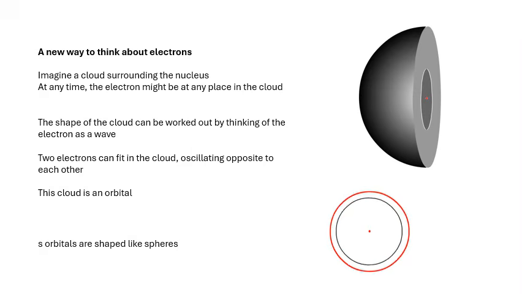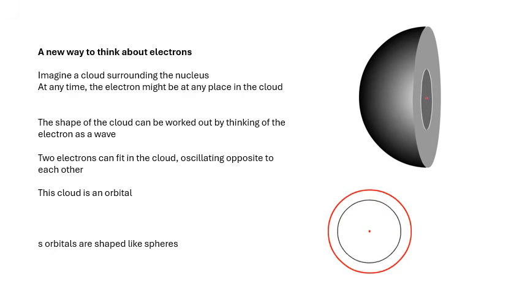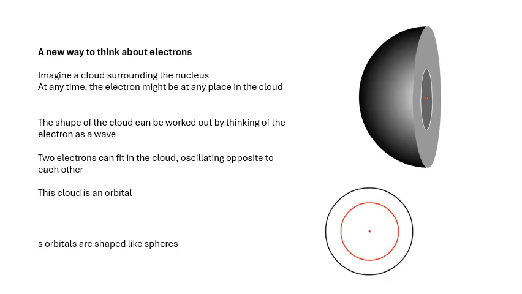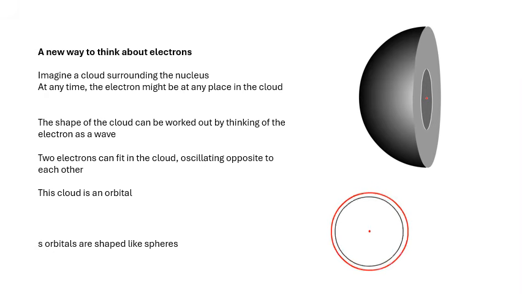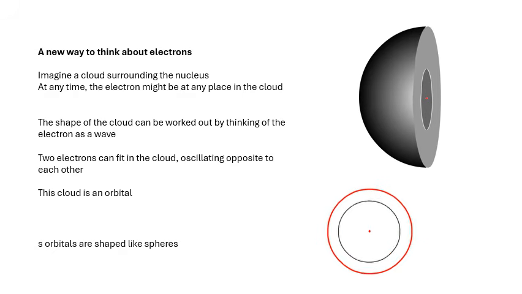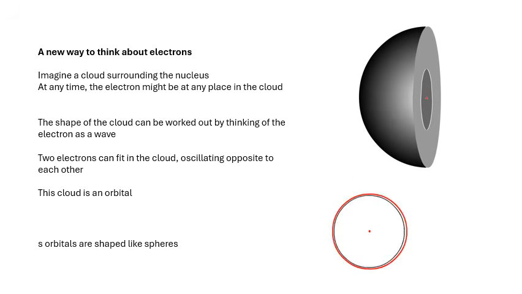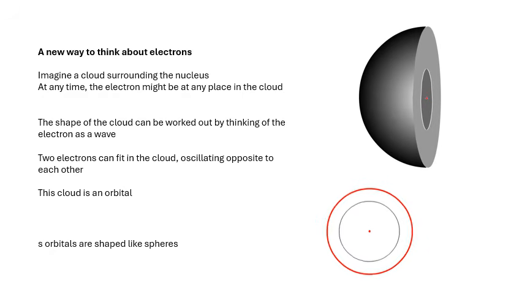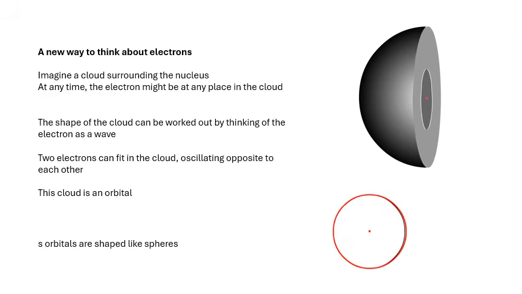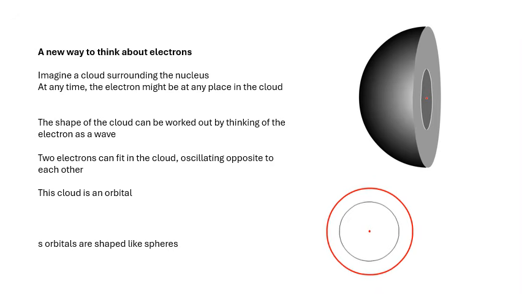And this cloud represents the probability of finding the electron in a particular place. So what we're saying is that in this cloud, like this sphere, on the top diagram I've chopped it in half, anywhere in that cloud is where you might find the electron.